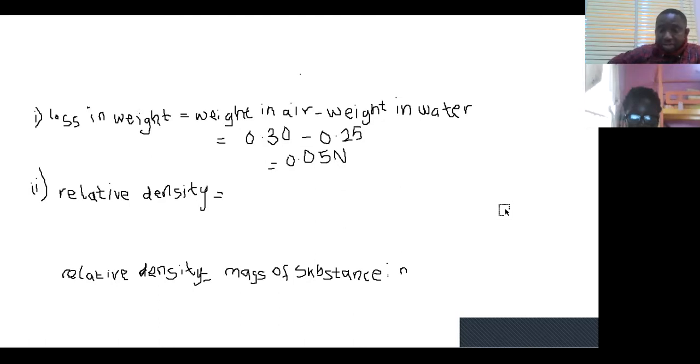I like your dynamic nature. If you use the mass of substance in air over mass of equal volume in water, you will still get the same answer. So try what you're doing, and I'm going to show you my own method also, so we'll compare and contrast them.